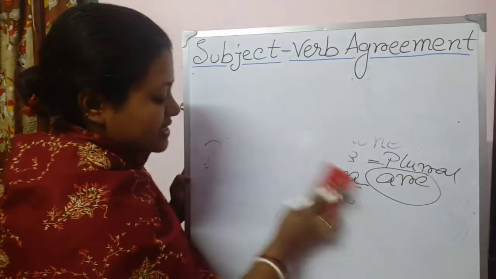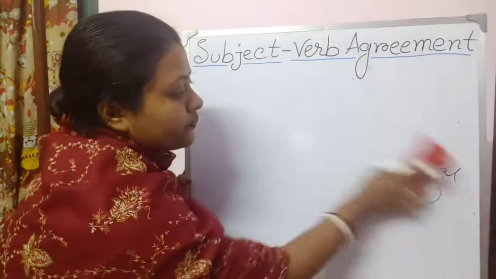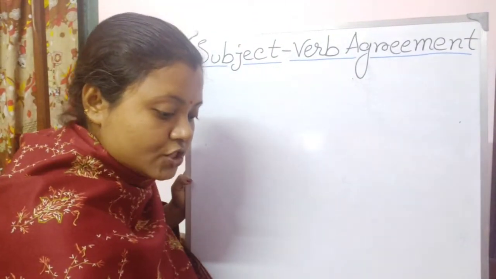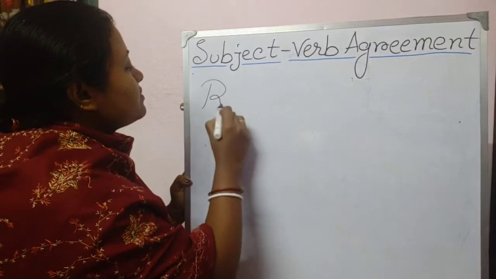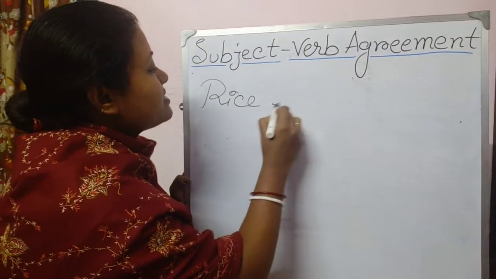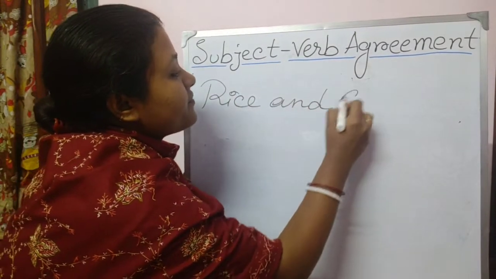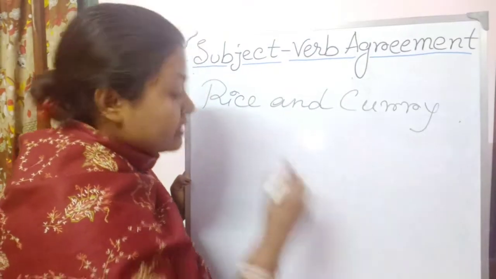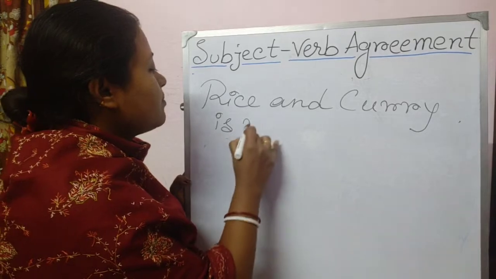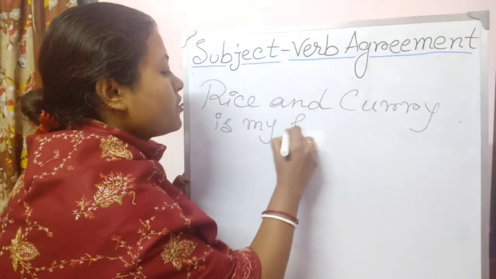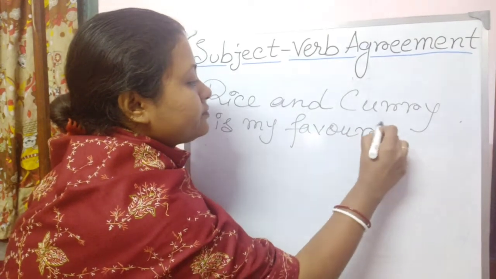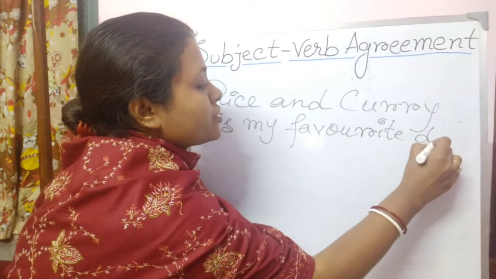Let us move towards the next rule. See in your page number 87, another rule has been mentioned, like rice and curry is my favorite dish.